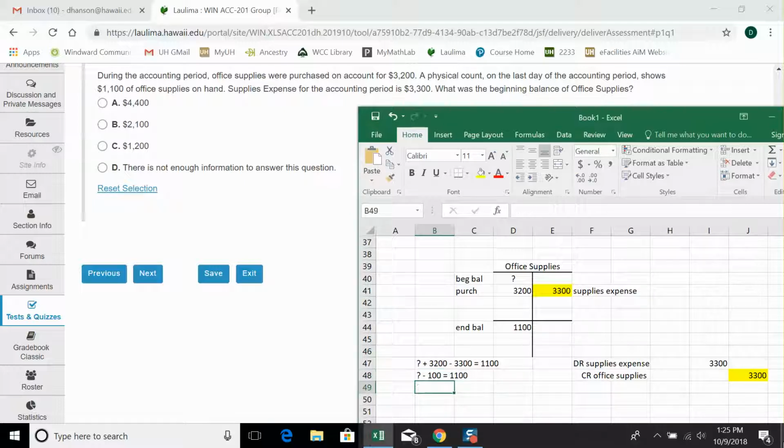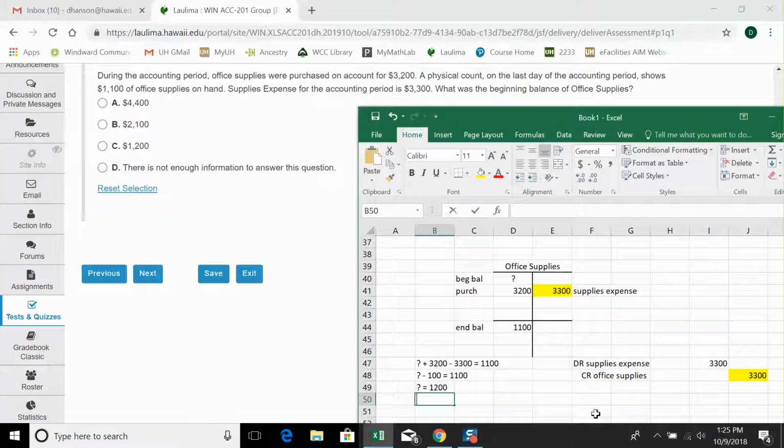And then if you move it to the other side, whatever you're looking for, your beginning balance will be 1,200, because when that negative 100 moves over, it becomes positive.